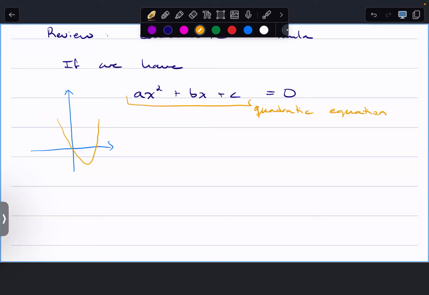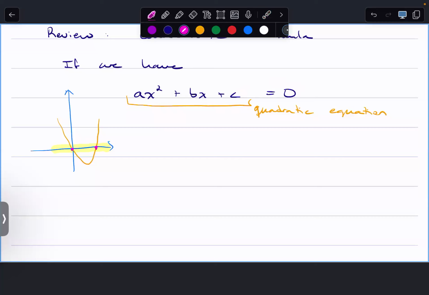If I'm forcing this thing to be 0, I'm solving for the values of x that make that function 0, right? Even if I don't have equal to 0 here, I can just move over whatever constant I have to the left, and then make it 0 by subtracting whatever the constant is. So I can always create this quadratic equation.